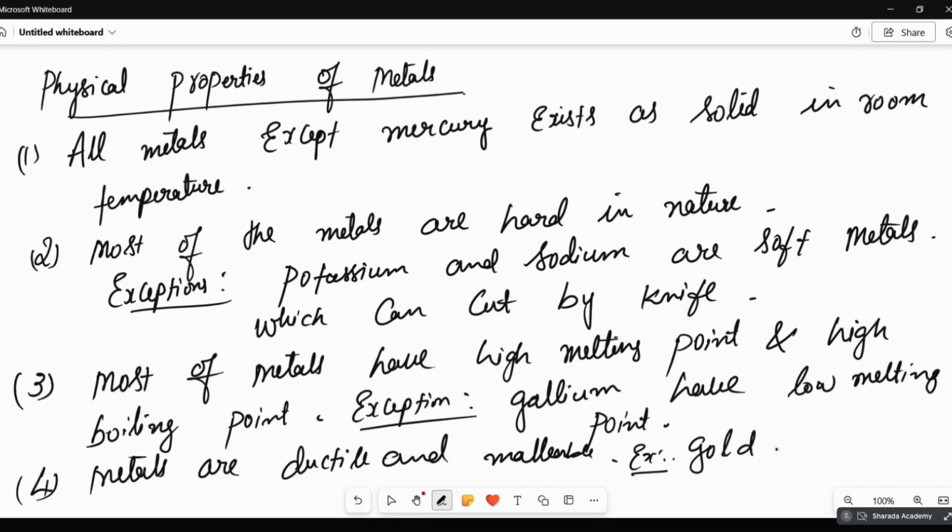Write this: gold is the most ductile metal. Gold is the most ductile and malleable, then comes silver. It has such a good property that from 1 gram of gold, you can draw a 2 kilometer wire. You can make it that thin without breaking.